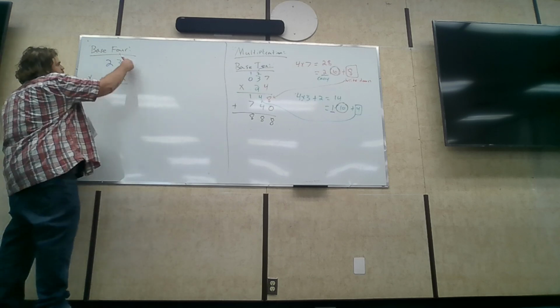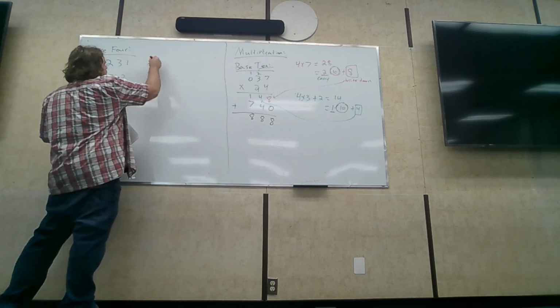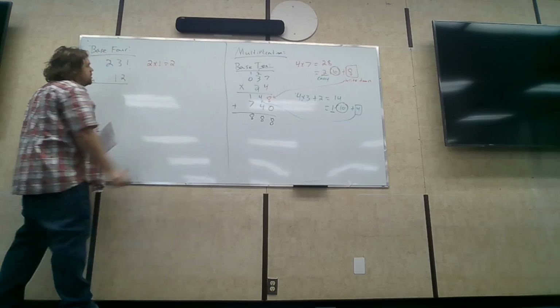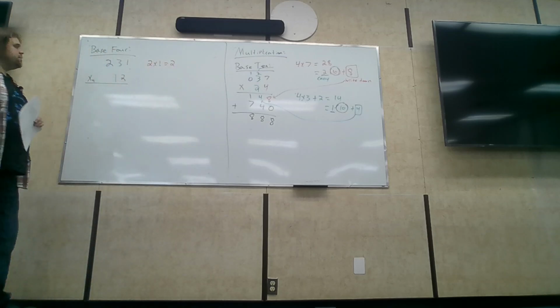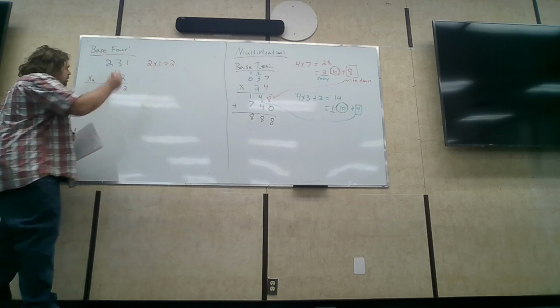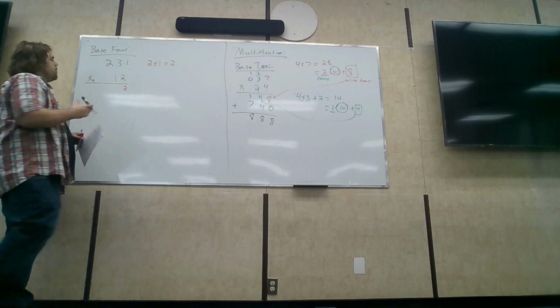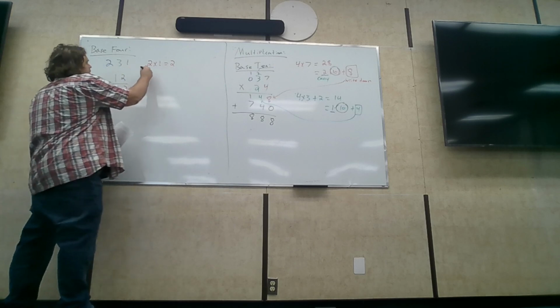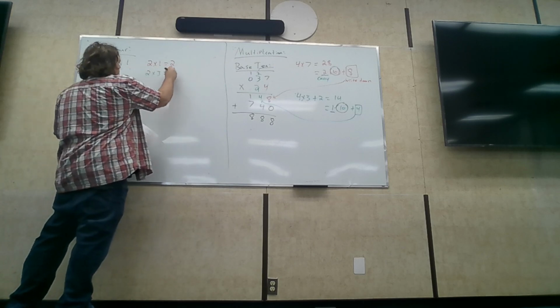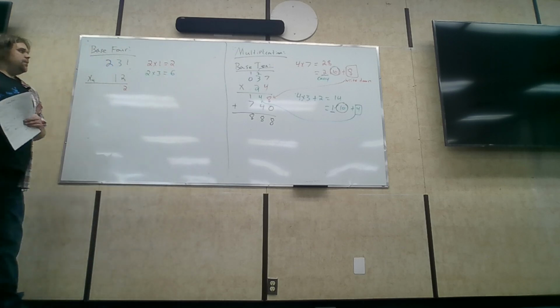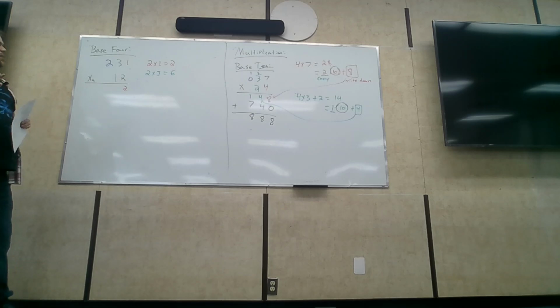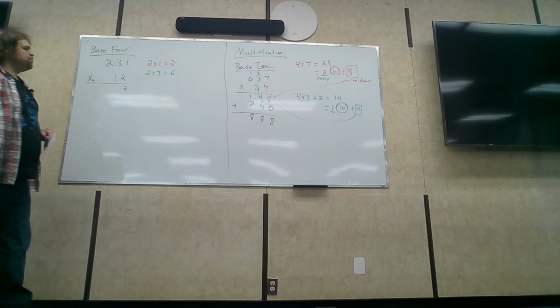So this is 2 times 1 is 2. Okay, great. So we just write down 2. Now we move to the next one, 2 times 3. That's 6. Okay, but that's bigger than the base, right? So we need to move some. We need to make an exchange here.